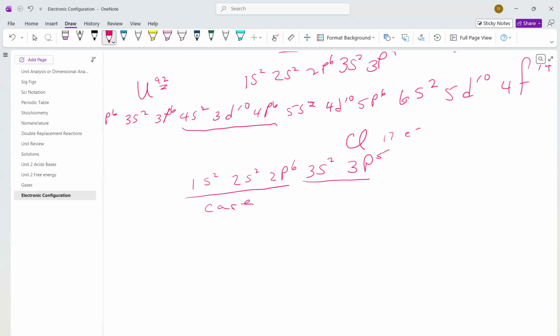So how do you determine core versus valence? Look at the shell number. Highest shell number is valence.